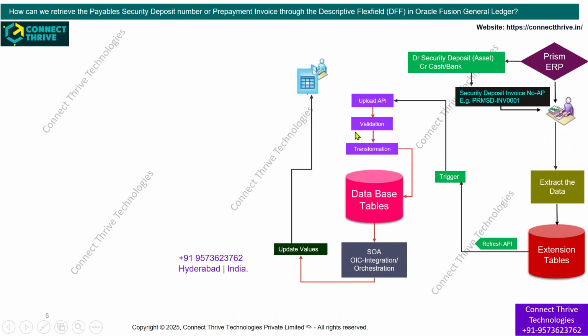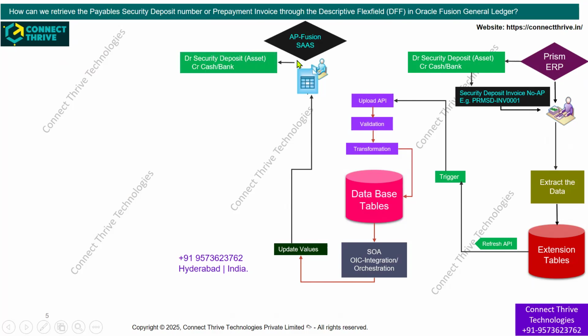Now here, the security deposit which we are creating in our Prism ERP, like the prepayment invoice, we are not transferring to GL. We are transferring to AP. From there, they will make the payment to the respective supplier. Only the invoice will come to Fusion SaaS, that security deposit which they created in Prism ERP, and it will come into the Fusion AP model.